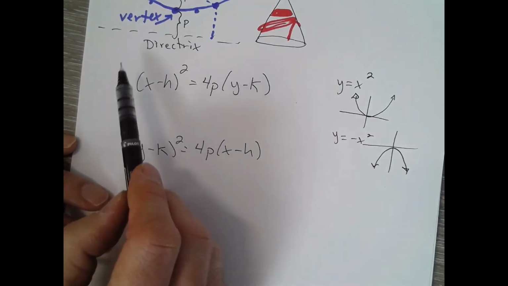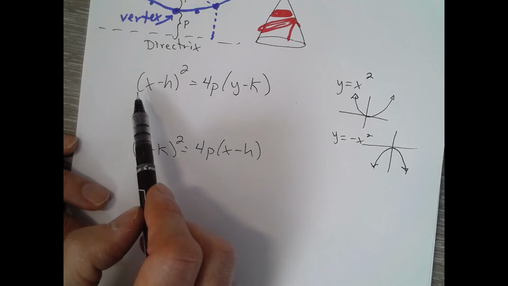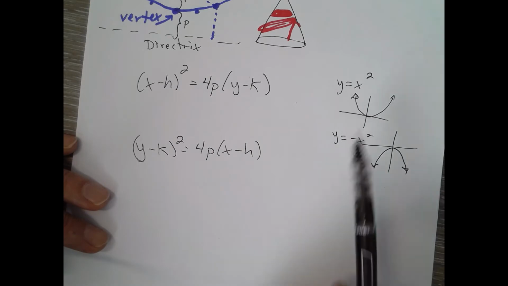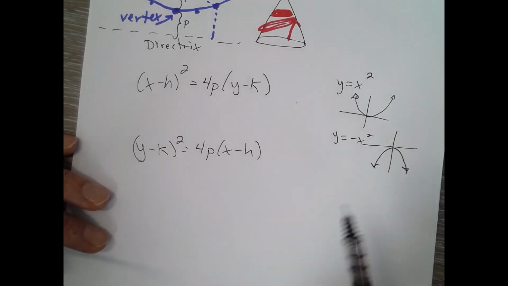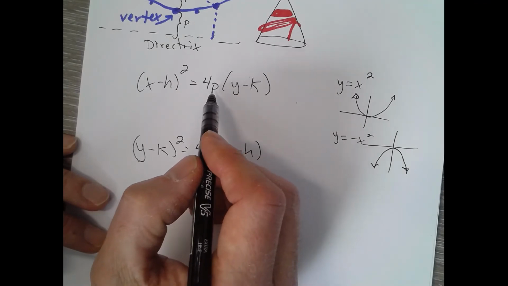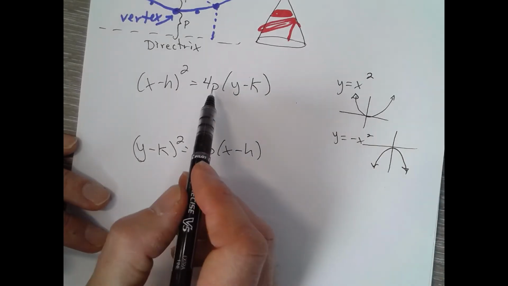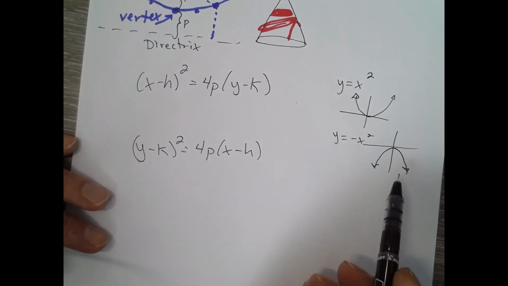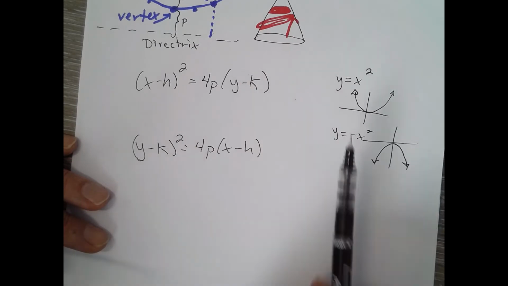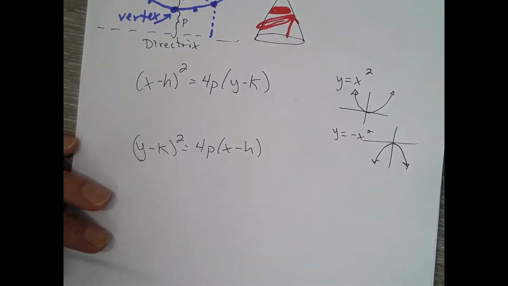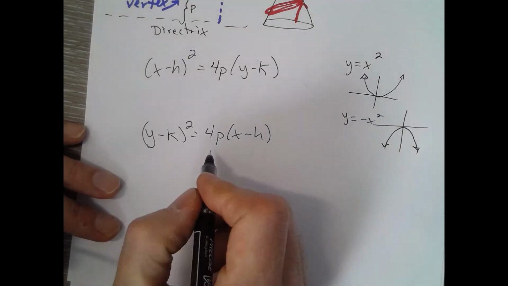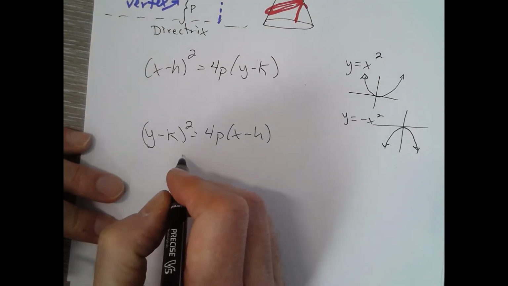If I have x being squared, then it's either going to open up or it's going to open down. And the p determines whether it opens up or down. So if p is positive, it opens up. If p is negative, it opens down. So if you have x being squared, it's up or down, and the p determines which. So for y being squared, if I have a positive p, that would be opening to the right.